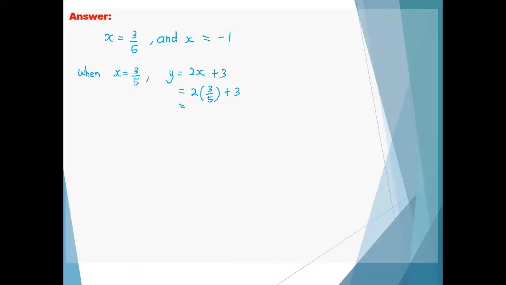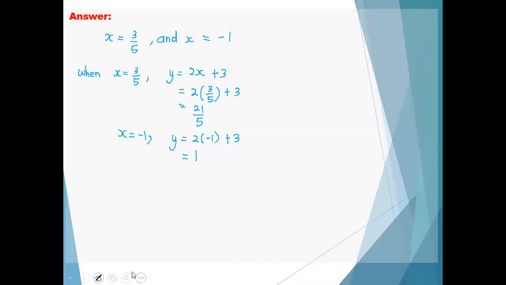So this one equals 21/5. And when x is equal to -1, y is equal to 2 times -1 plus 3, so equal to -2 plus 3, which is 1.